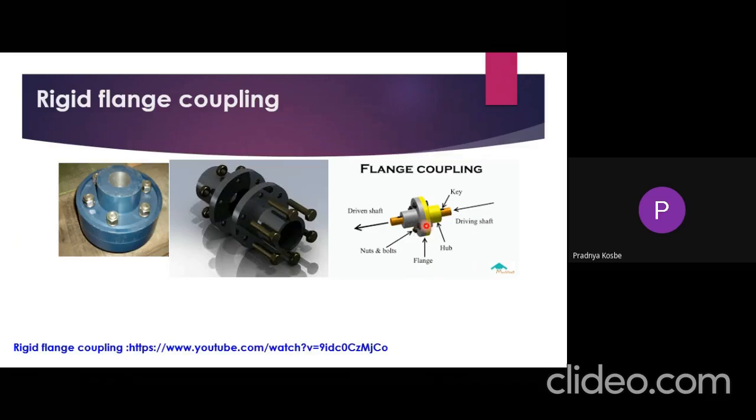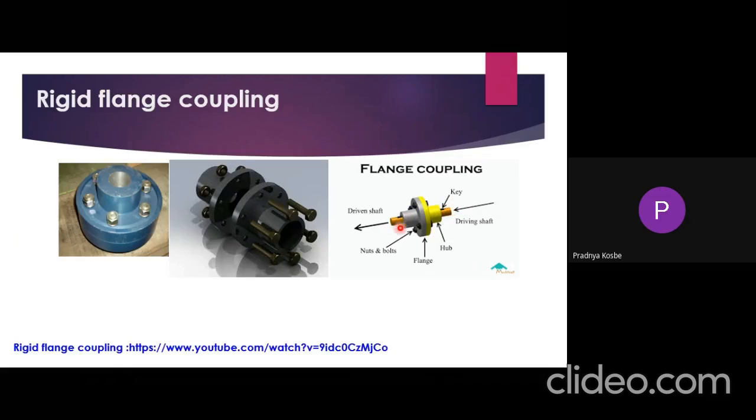Here this is a driven shaft, driving flange, driven flange. This extended portion is known as a hub and driving shaft is in contact with flange hub with a keyway. Keyway is present for a locking purpose.